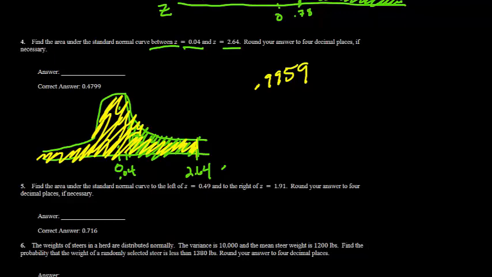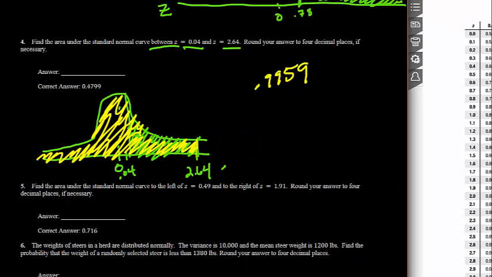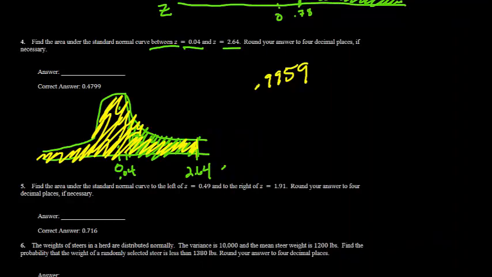So let's go back to our table. Z is equal to 0.0, not 0.40, but 0.04, which is 0.5160 right there. Okay, so that represents whatever's on the left of that point. I don't want to do it in green.